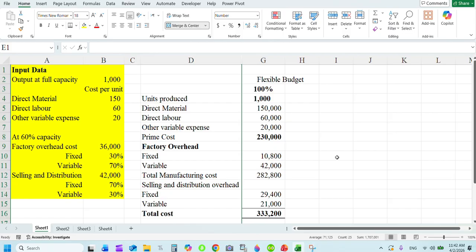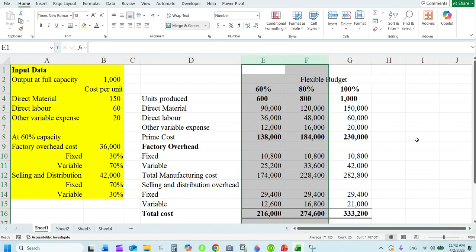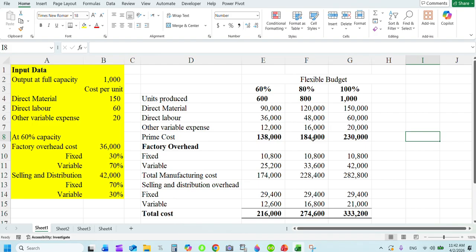Then you can't compare, because these budget values are no longer valid for comparison. But if you had prepared flexible budgets like this, you can simply compare your actual output levels with the suitable flexible budget.